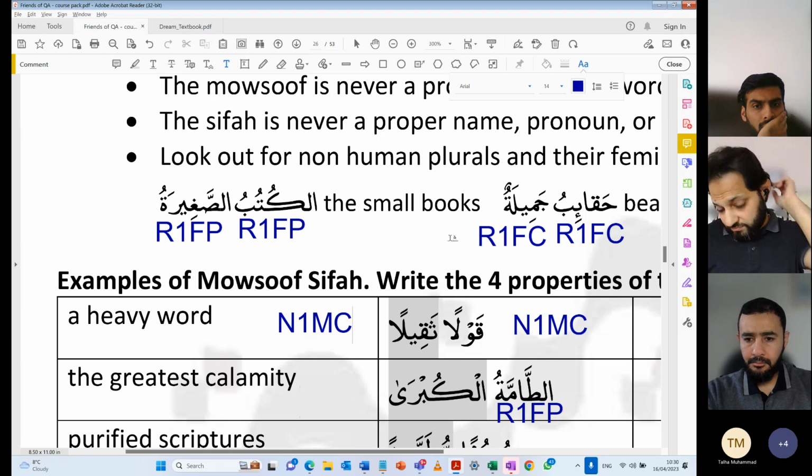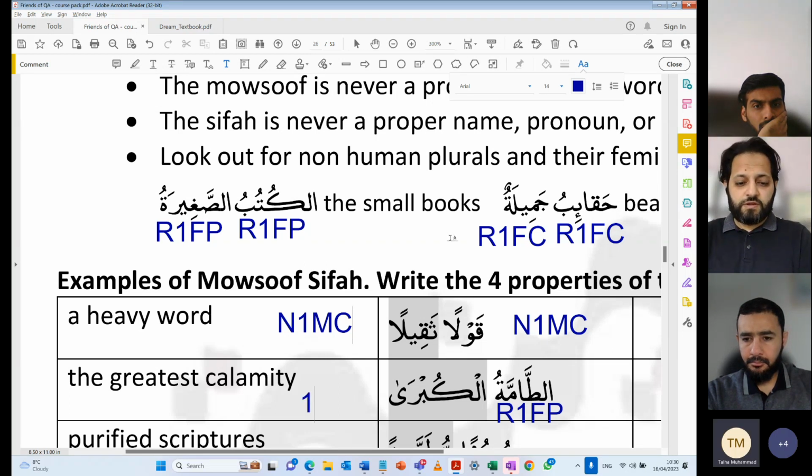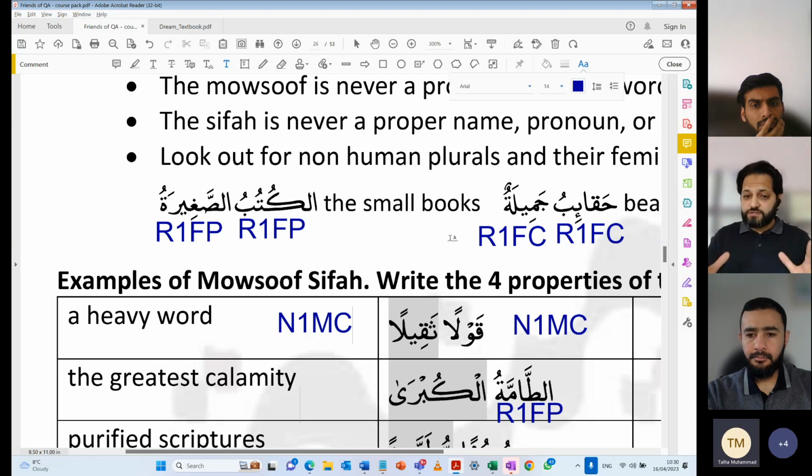How do I know? Is it singular? Because it's a non-flexible one ending with ya. So it can only be in one state, which is rafa. By default, it's a rafa state. No, it can be in all states, but it doesn't actually show that. Yeah. It doesn't show that, right? So how do I figure out that this is rafa?